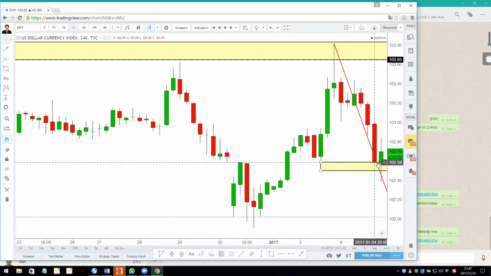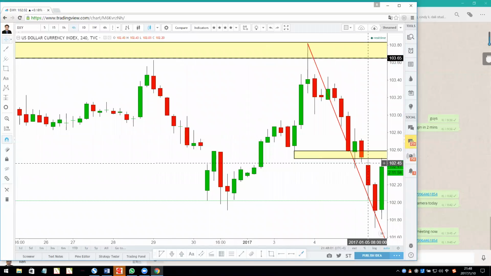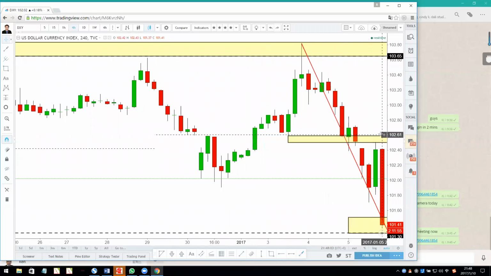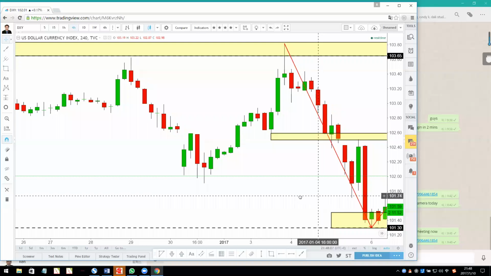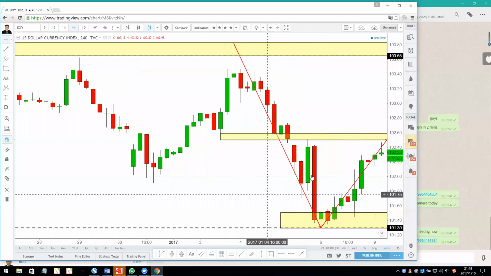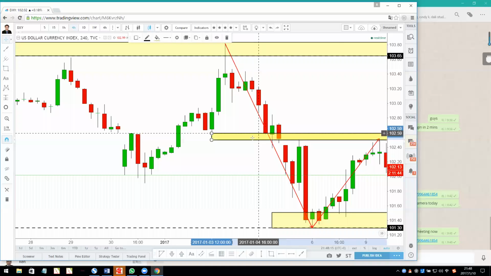Second touch, third touch, it actually breaks down, retests, and goes down again. The price pulls back to the same level, which tells you that this is a minor resistance right now. We can treat this as a neckline.